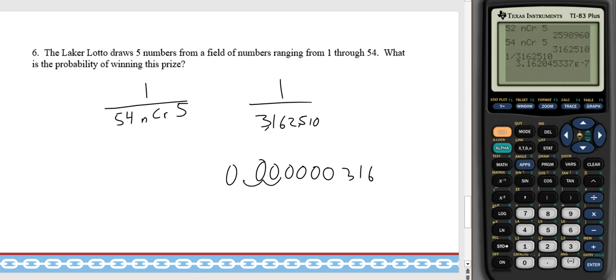To turn that into then a percentage, right? This would be our percentage chance of winning. So this tenths, hundredths, thousandths, 10 thousandths, 100 thousandths. We have 300 thousandths of a percent chance of winning, which means pretty much a 0% chance of winning. So that is a quick review of the second half of Chapter 8.